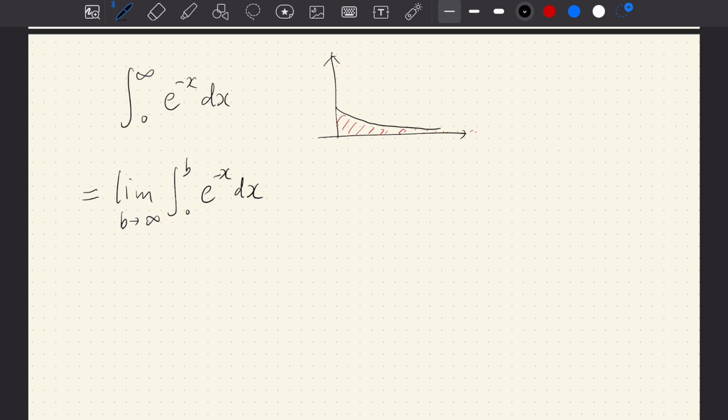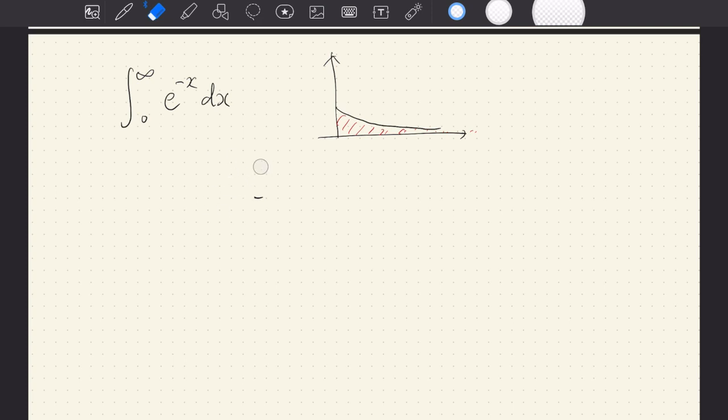But eventually we will see that you can omit the limit signs by just treating infinity as a number, although it is not a number, but you can treat it as a quantity. And then when you're trying to evaluate your antiderivative at infinity, you can just use limits.